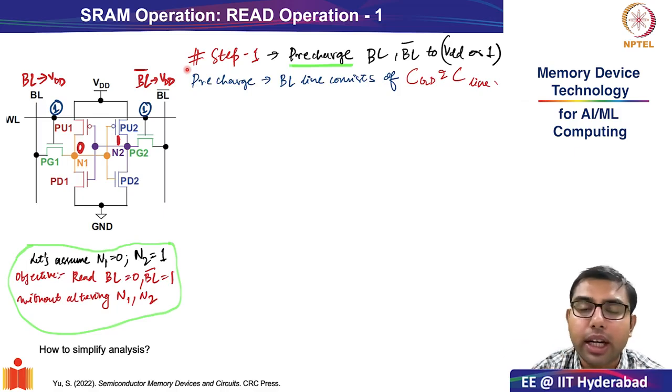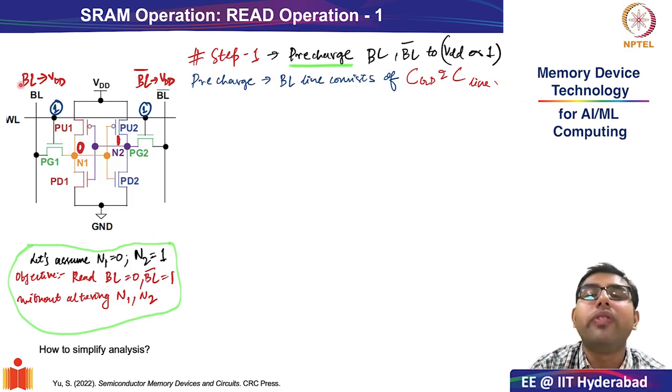This is all that we have studied in our previous sessions. So first you pre-charge bit line and bit line bar to VDD or 1, and next you turn on the word line. This is what you essentially do.